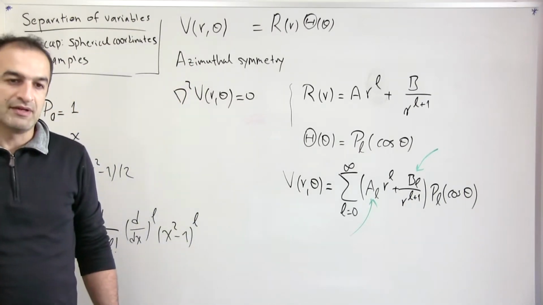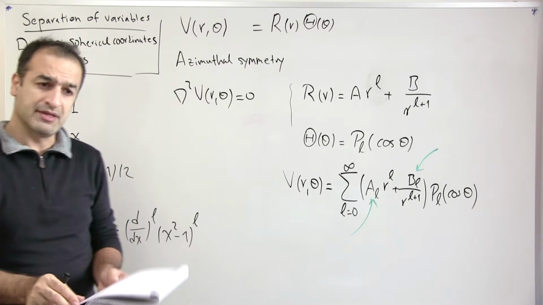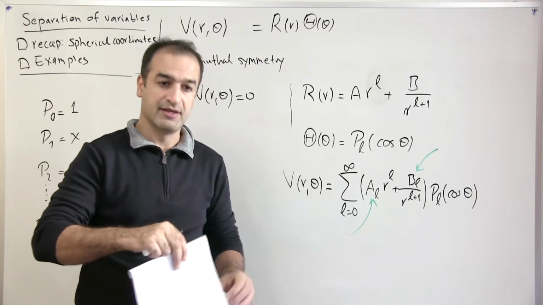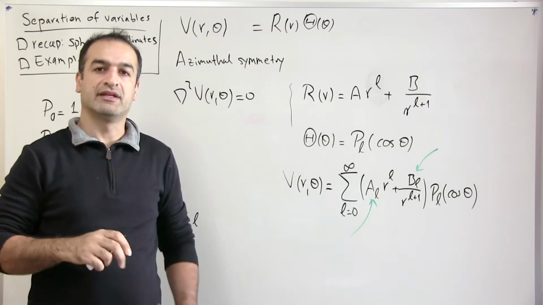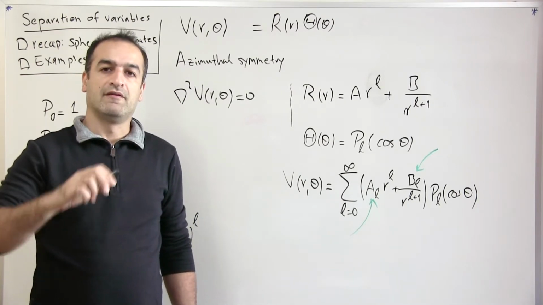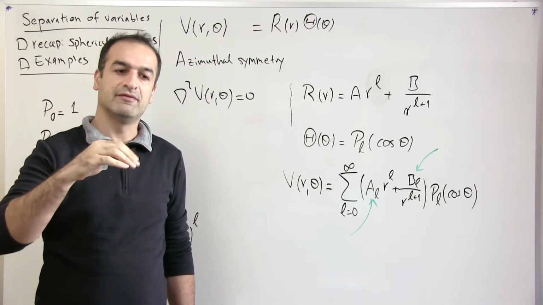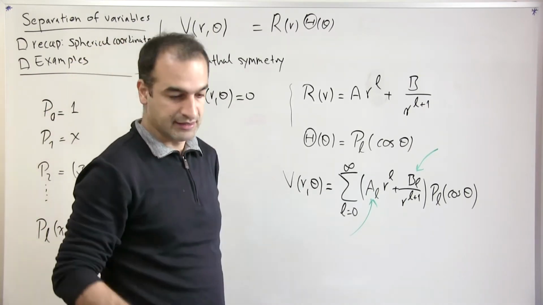I'm going to do another example, a very similar situation in terms of the geometry and everything. The only difference is that we have the same sort of sphere, but we are looking for the potential outside the sphere.